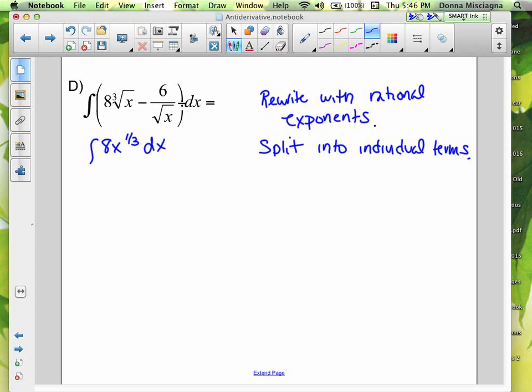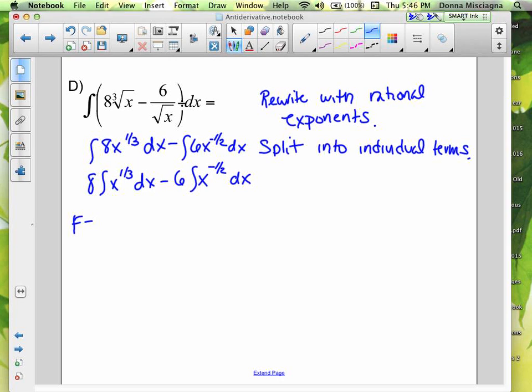I like to deal with one term at a time. I don't like to look at everything at the same time. So minus 6x to the negative 1/2 dx. I can factor out the 8. So I've got x to the 1/3 dx minus 6 times the integral of x to the negative 1/2 dx.